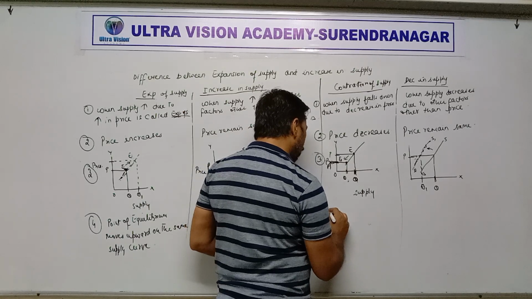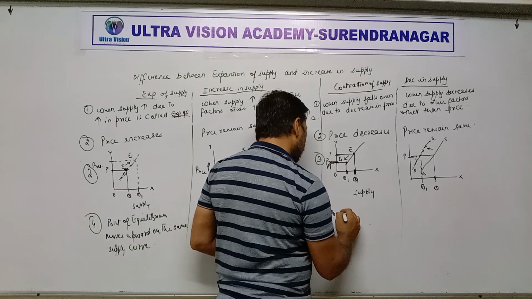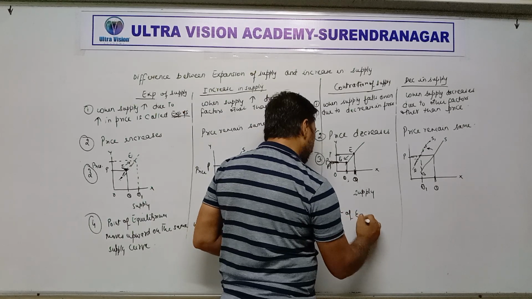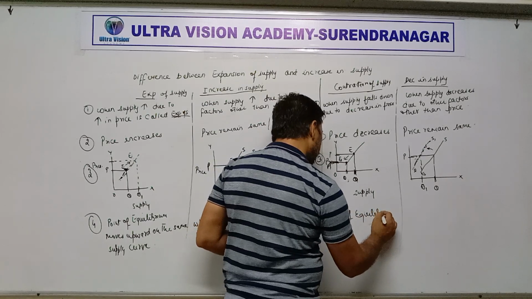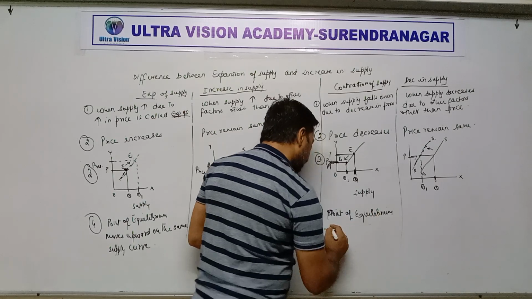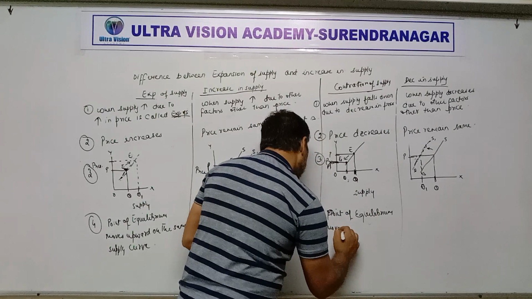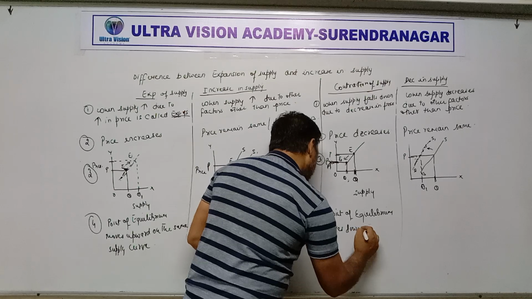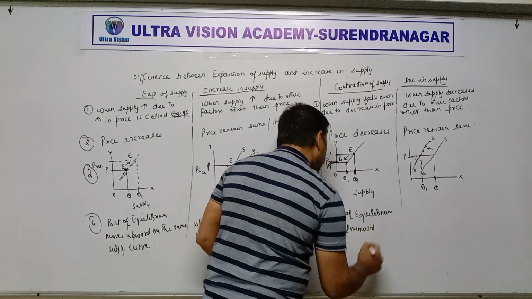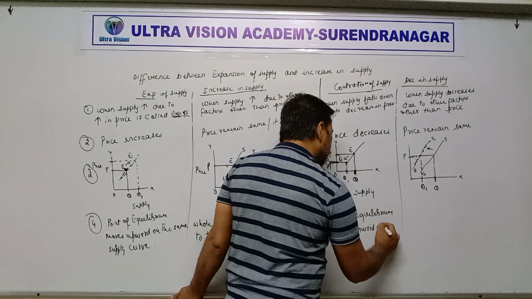Now fourth difference, here the point of equilibrium moves downward on the same curve.